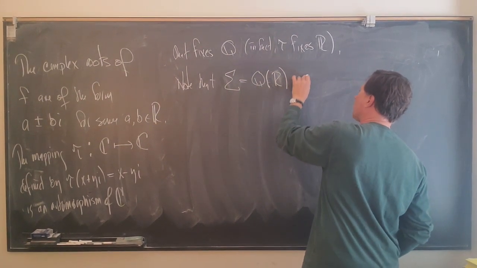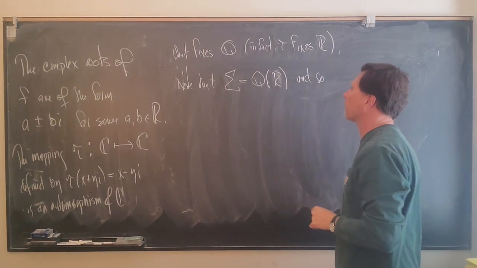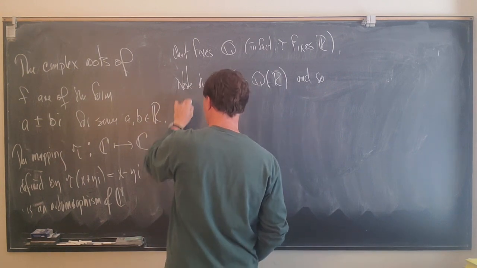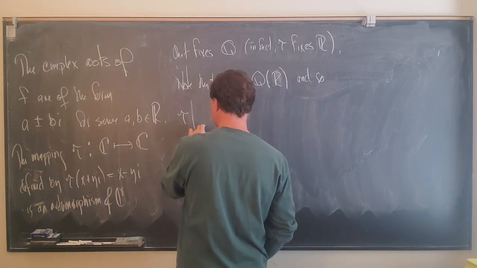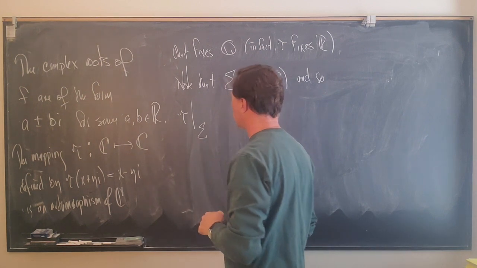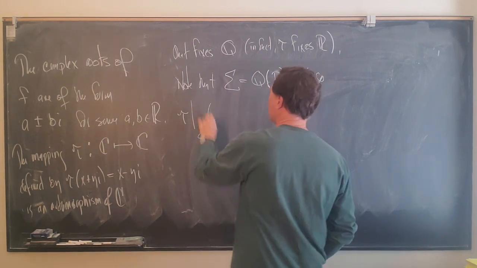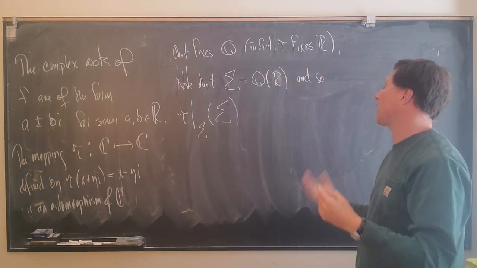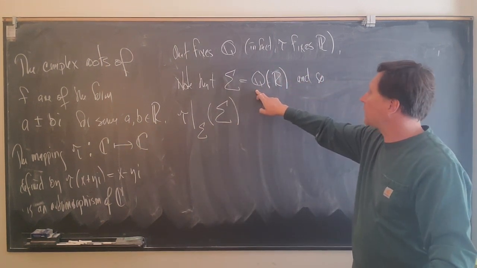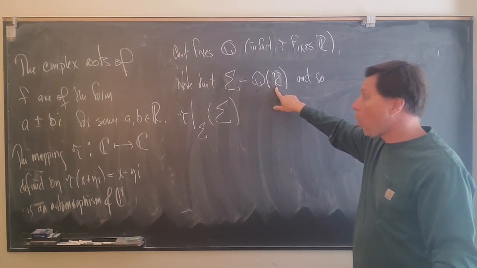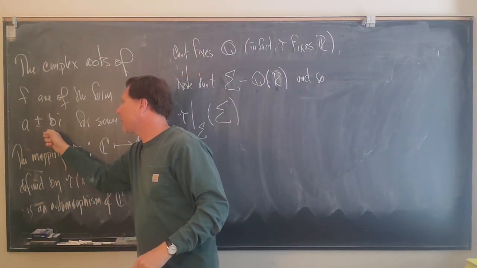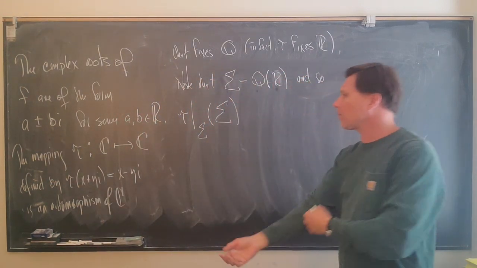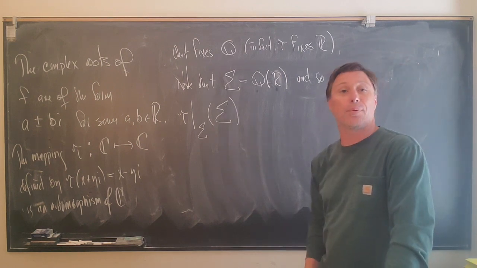And so if we look at tau restricted to sigma, and we apply it to sigma, what's it going to do? Well, it's going to fix every element of Q. It's either going to fix the root, or it's going to take the conjugate, so a plus bi goes to a minus bi, and a minus bi goes to a plus bi.